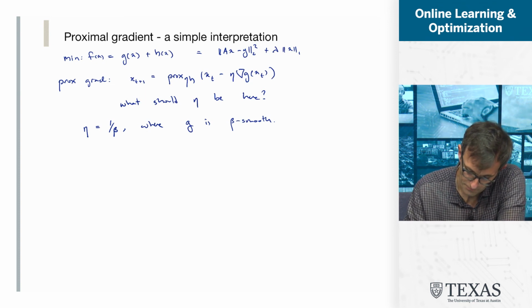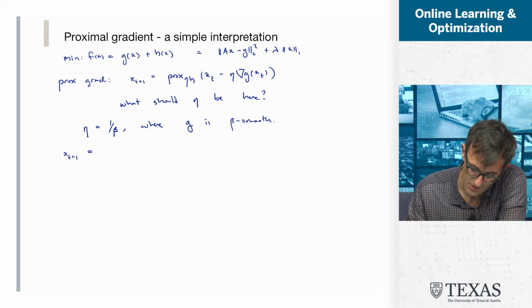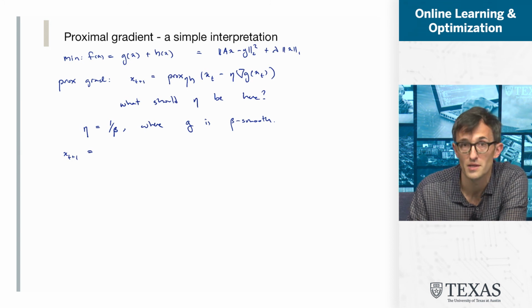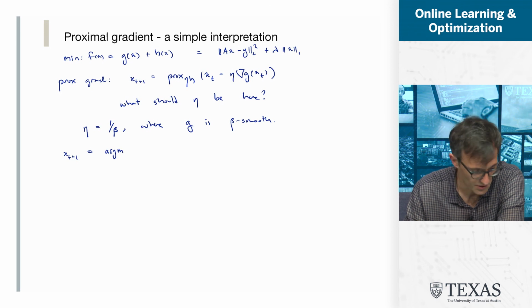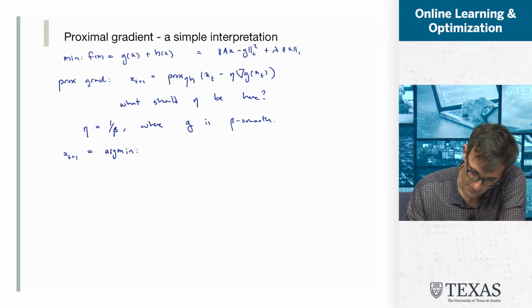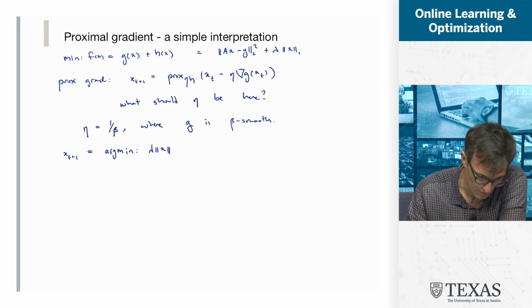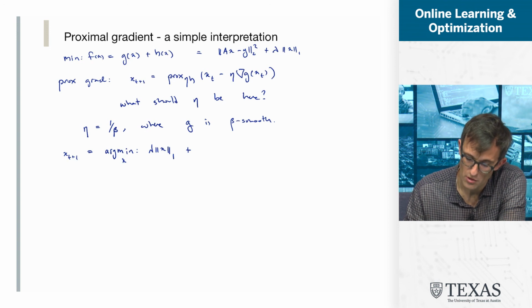And therefore, what is x_{t+1}? I'm going to write out what this prox operator means. By the definition of the prox operator, which we saw in the previous lecture, this means that x_{t+1} is the argmin over x of h, lambda times the norm of x, plus 1 over 2 eta.